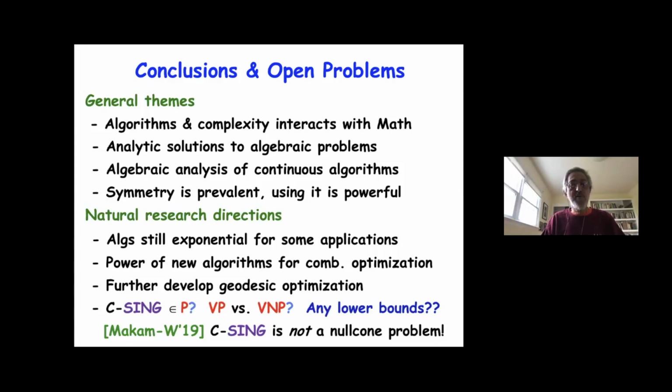So what about applying it to commutative singularity? It took us a couple of years trying to understand whether there is an obstruction to applying it to commutative singularity. And the most basic question is whether it's a null-cone problem at all.